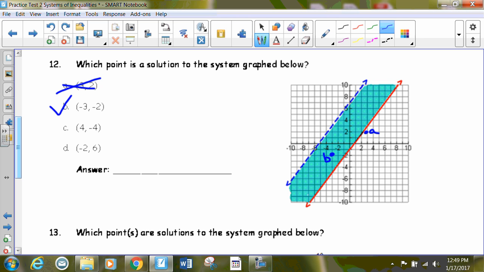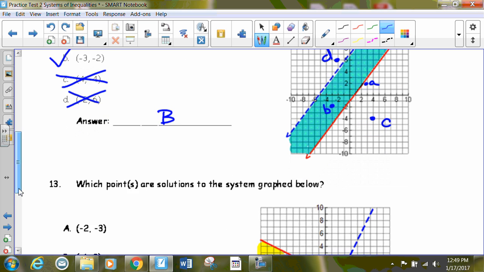And when I look at 4, -4, I go over 1, 2, 3, 4, down 1, 2, 3, 4. No, this is way far away from the solution. And when I look at -2, 6, that puts me -2, 1, 2, 3, 4, 5, 6. No, that is not part of the solution. So the only one that's part of the solution is B.